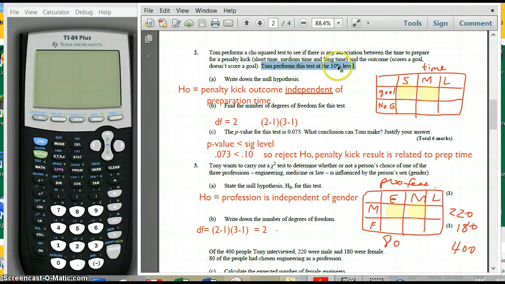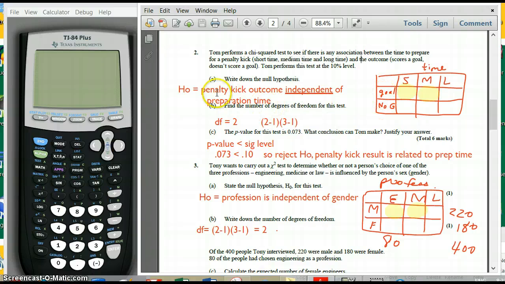Basically the two factors are how much time the penalty kicker uses to psych himself up to make the goal, and whether or not the goal was made. So I'm going to put across the top how much time the kicker spent preparing: short, medium, long, and across the side whether he made the goal or no goal.